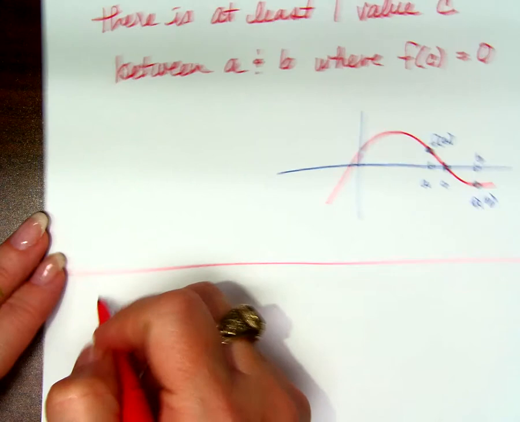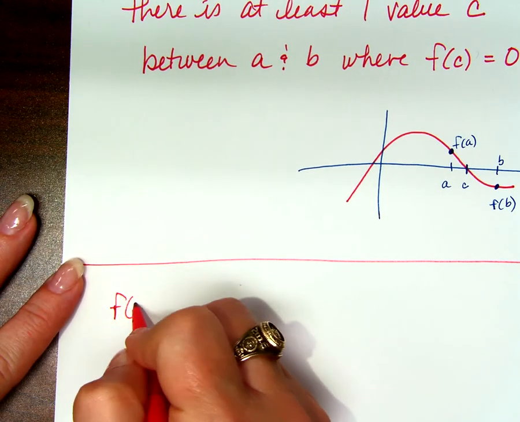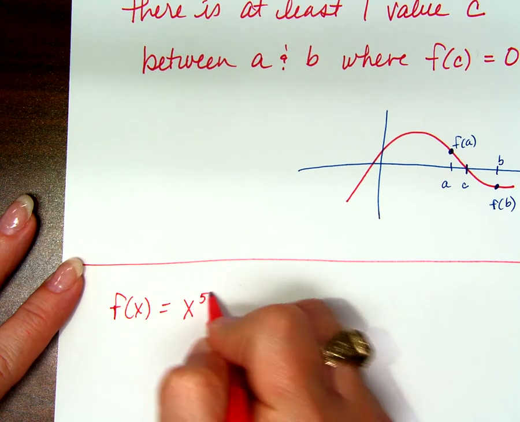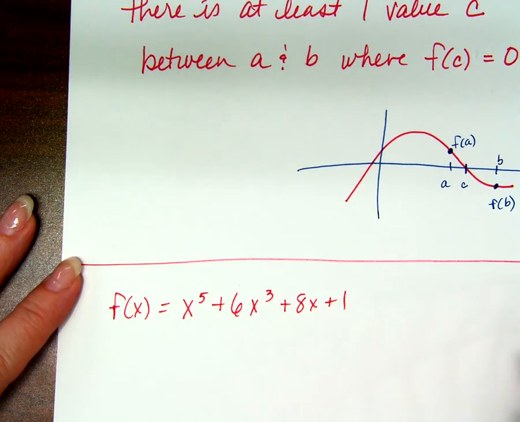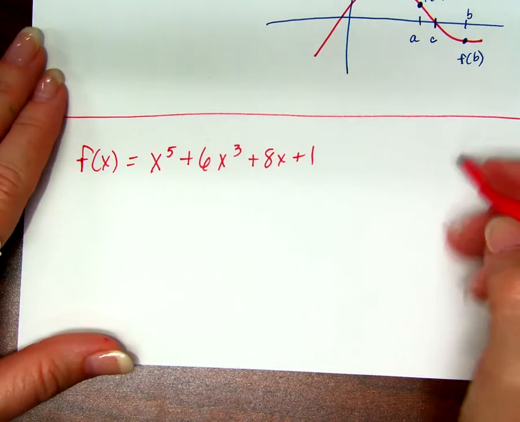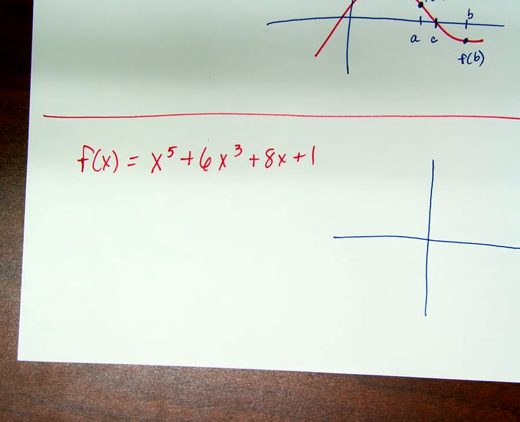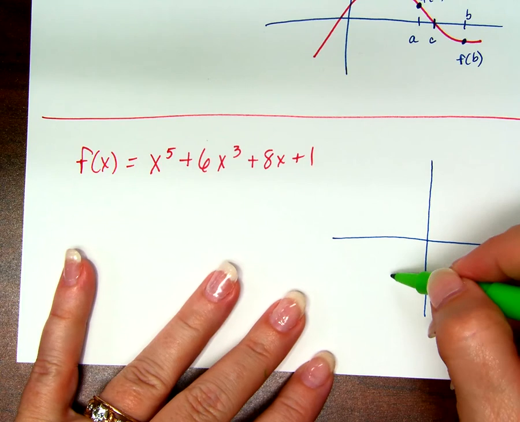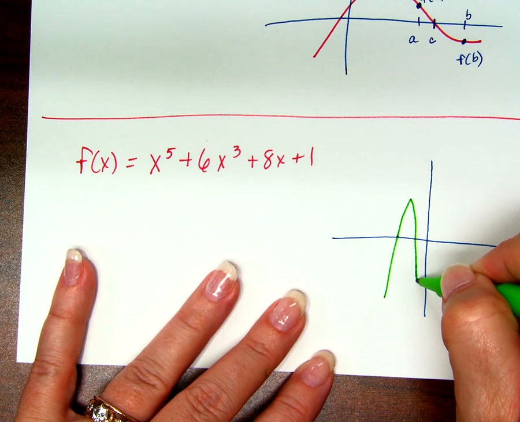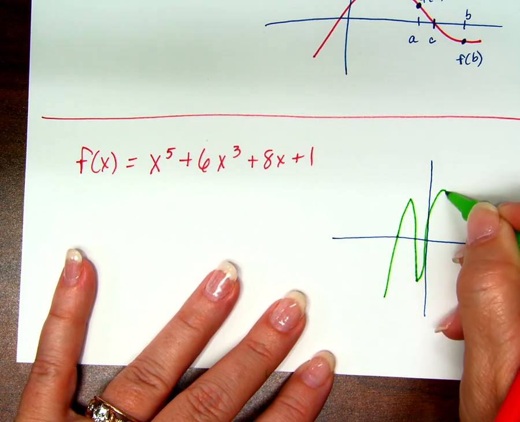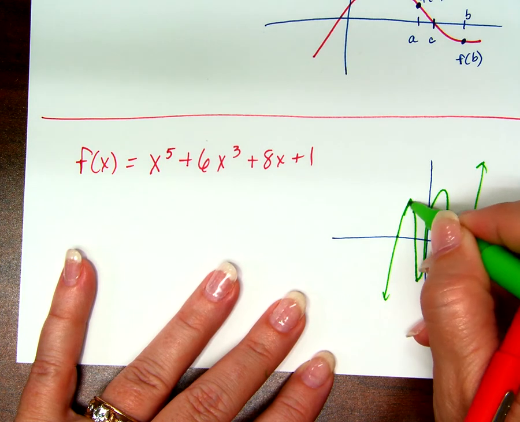Okay, if I have f of x equals x to the 5th plus 6x to the 3rd plus 8x plus 1, whoa, and I'm going to tell you the graph looks something like this. And those are all supposed to be nice curvy points because it's a polynomial.